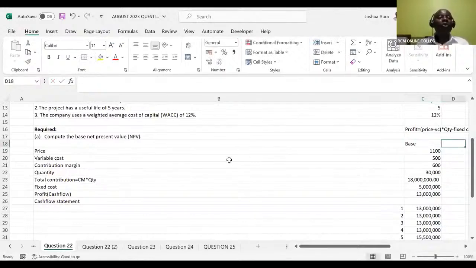They've told us that all these variables are changing except WACC and number of years, but every other variable is changing. So we shall start with price. We are doing a sensitivity analysis of 5%, and remember, we are looking at adverse variation.